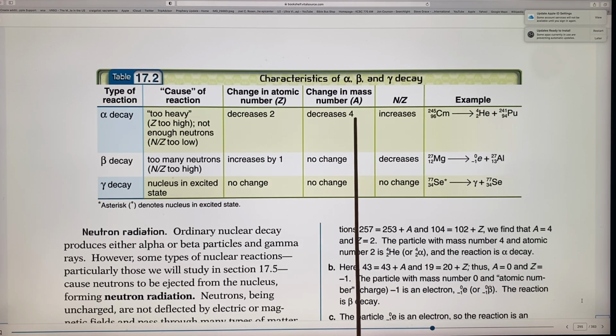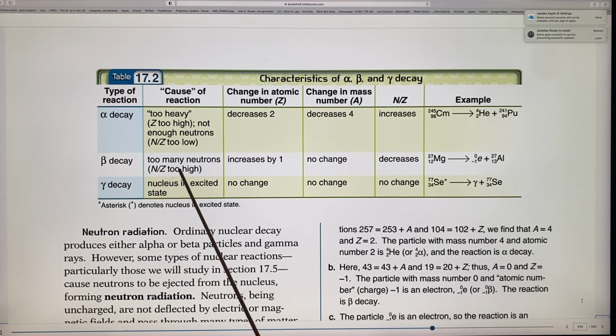So you're going to decrease the mass by 4, with 2 neutrons and 2 protons counted, and then the N to Z ratio will be increased. This is an example of one. You just basically have this alpha particle. Here they wrote down helium. It looks like a helium particle, so they called it helium. So this is the alpha particle. Cm is turning into plutonium here. You have the helium given off.